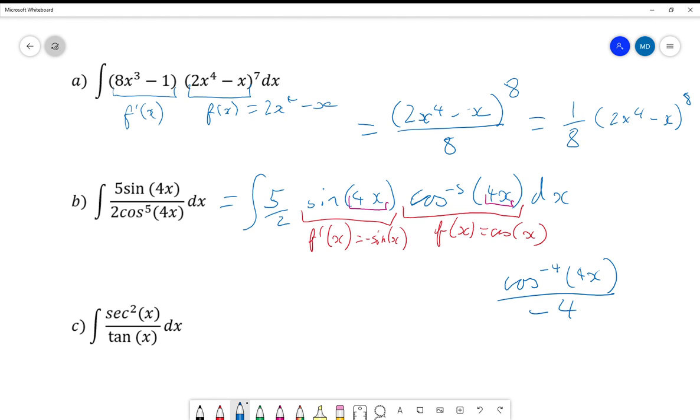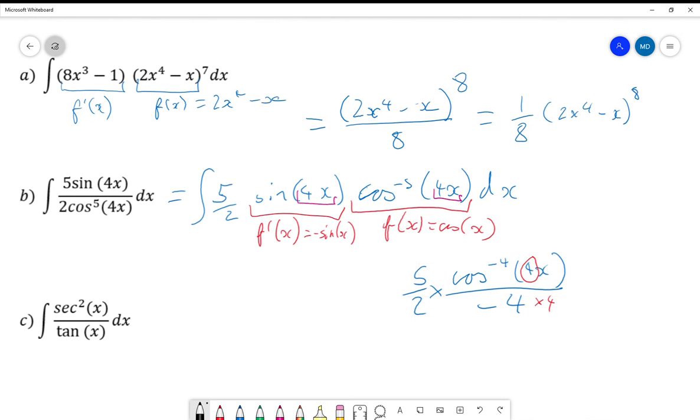But there are a couple of other things to remember. First of all, we need to remember there is this 5 over 2 in front. And we need to remember this 4x was also in there, and so we need to divide by another 4. So we get another 4 on the denominator from that. And in fact, we need to remember this on both the last one and this one, and hopefully a couple of you were screaming at me on this regard, we have to put plus c on.